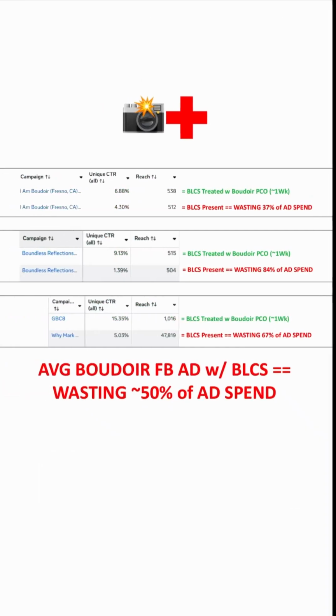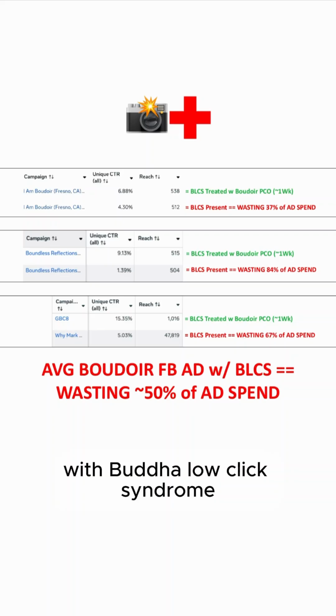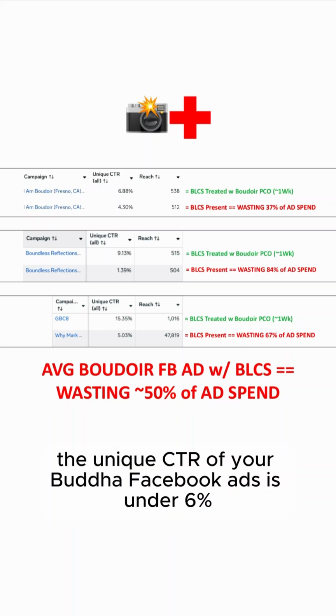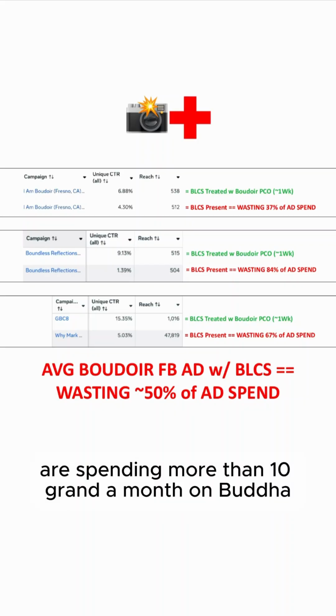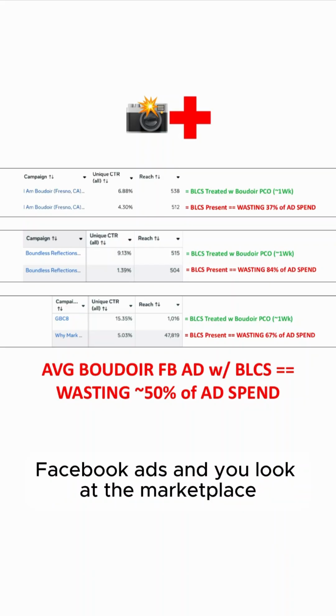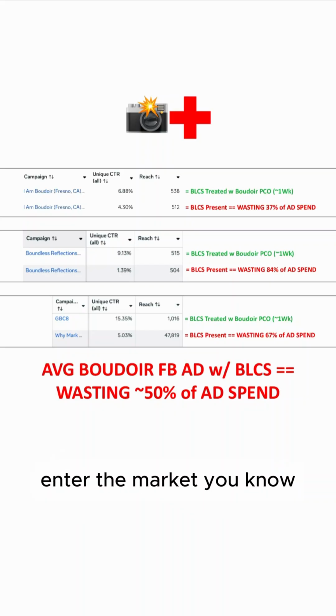So if you're a BLCA with BLCS, a Boudoir low click advertiser with Boudoir low click syndrome, the unique CTR of your boudoir Facebook ads is under 6%, and you are spending more than 10 grand a month on boudoir Facebook ads, and you're looking into the marketplace, seeing more and more boudoir photographers enter the market seemingly every day.